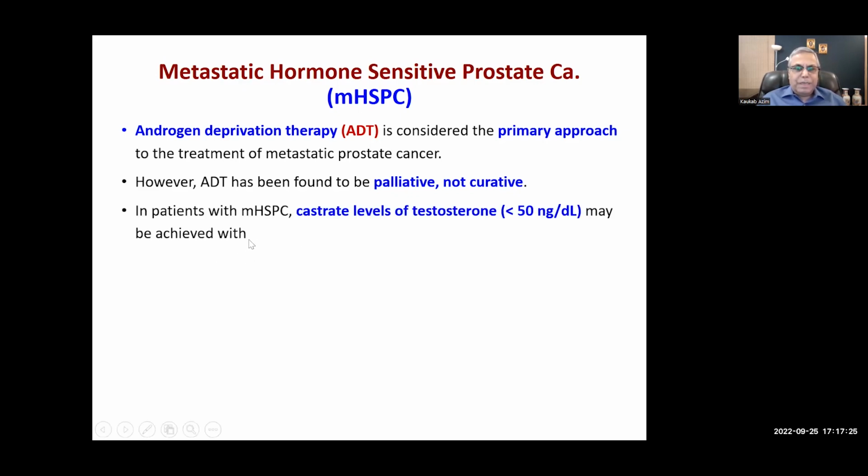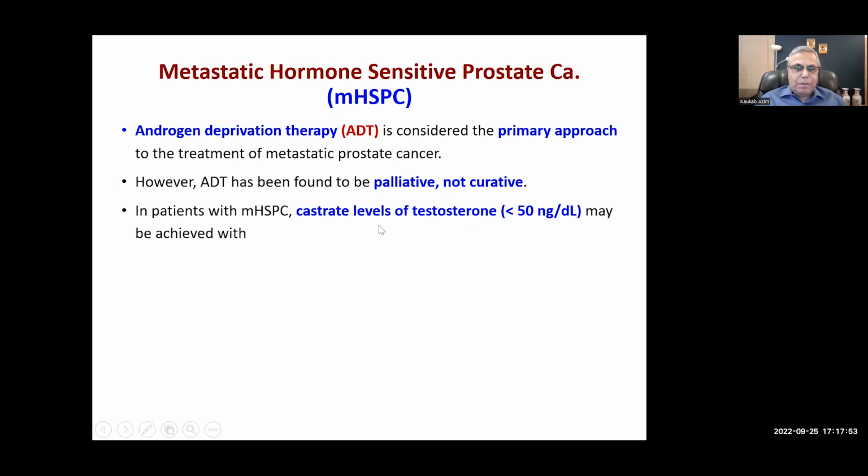We have to measure the castrate levels of testosterone. They should go below 50 nanogram per deciliter. So we have sort of suppressed the formation of testosterone by giving the drugs that I've mentioned previously, GnRH agonist and antagonists, and also androgen receptor blocking drugs, okay?